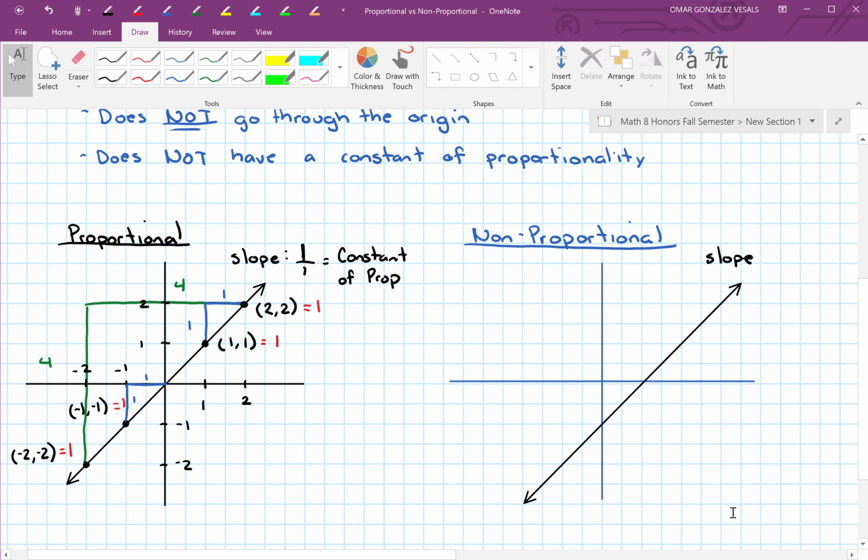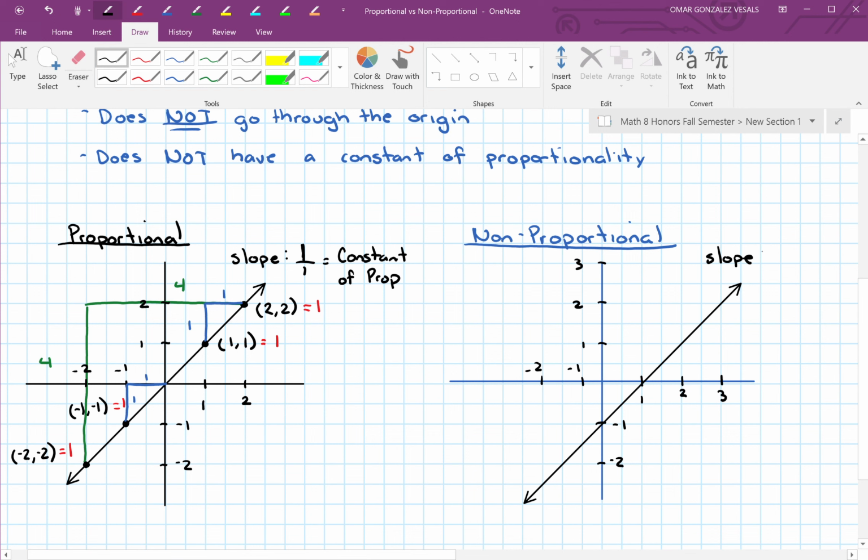So we did not go through the origin, but the points are still there. So this is 1, this is 2, this is 3. Negative 1. Negative 2.